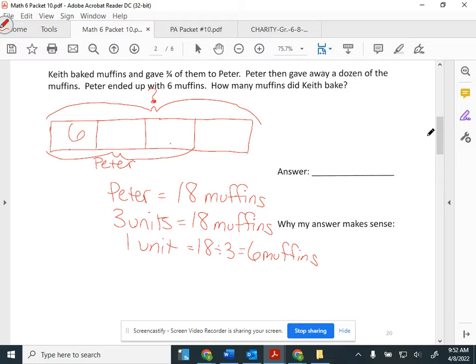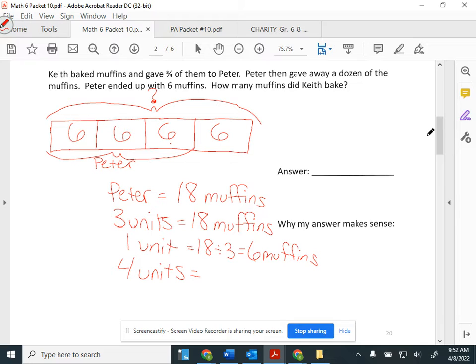How many units do we have all together? Because remember, our question is how many units do we have? How many units do we have all together, Tristan? 4. We need to find out how many 4 units are. What math am I going to do? If I know each unit is 6 and there are 4 units, what math am I going to have to do, Nick?